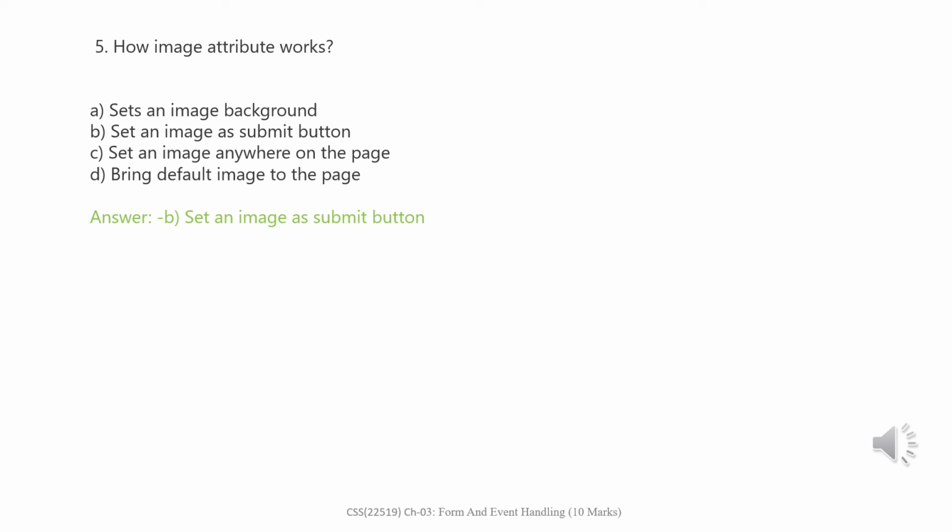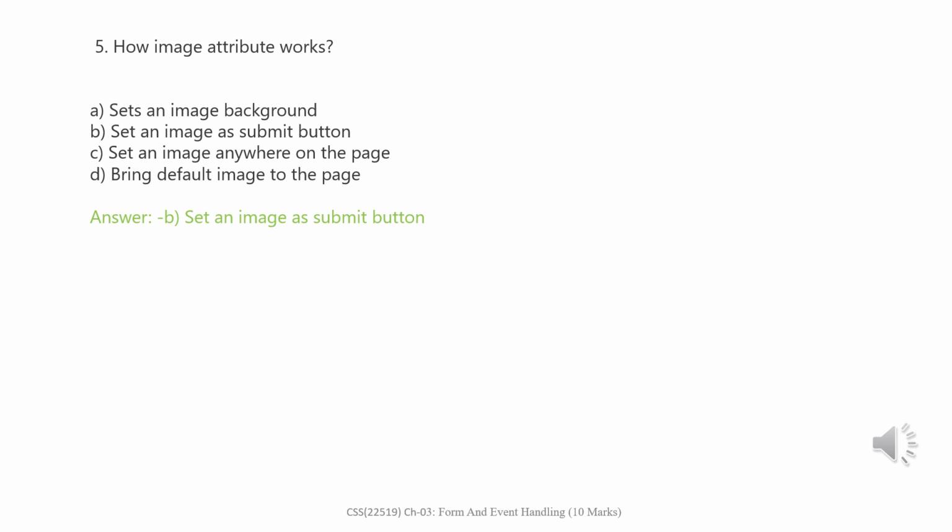Because the syntax of image is input type is equal to image, and src equal to that particular image path. And after this setting, the image provided by the URL works as a submit button.